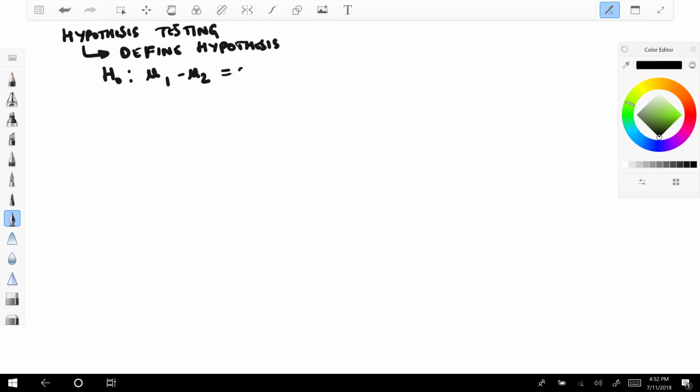This is the first case. The alternative for this would be mu1 minus mu2 not equal to 0. So this is a two-tailed test, because it's directionless, and we can disprove the null hypothesis on both sides.